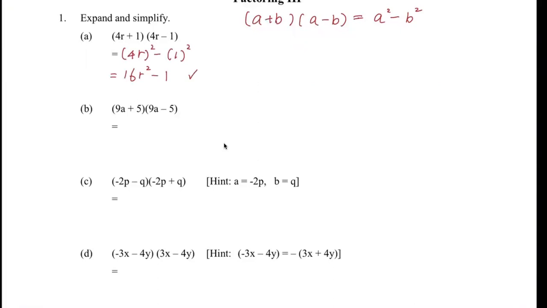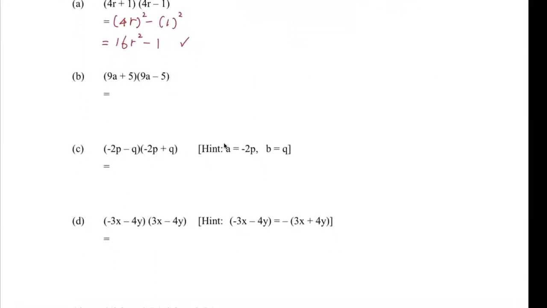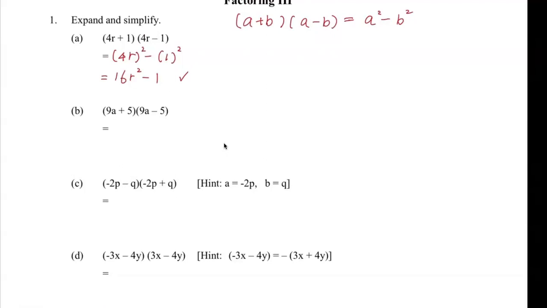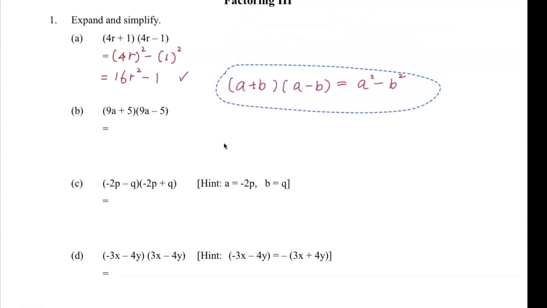Let's look at b: 9a plus 5 times 9a minus 5. In this question, let me move this formula here so we can compare the question and the formula.